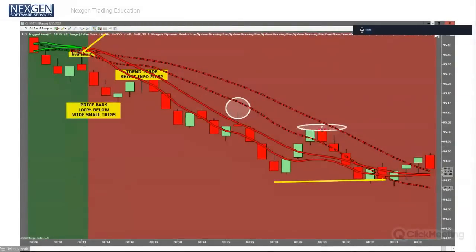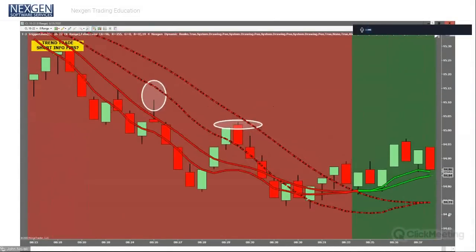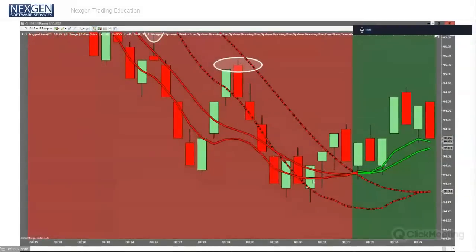One more short, odds favorable triggers, and then look what happens. We also hit some stuff on the large chart, but you see how we're losing the odds favorable triggers over here? It's over.